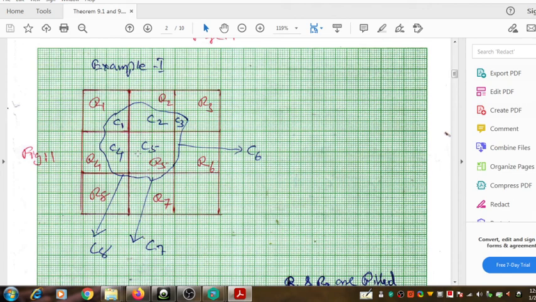Corresponding to the set C, you can see the subset C1 is present in a rectangle. You can take rectangles on the plane and see that the rectangle R1 contains the set C1 completely. The rectangle R2 contains C2, and this rectangle contains C3, so R3 is the name given to it.